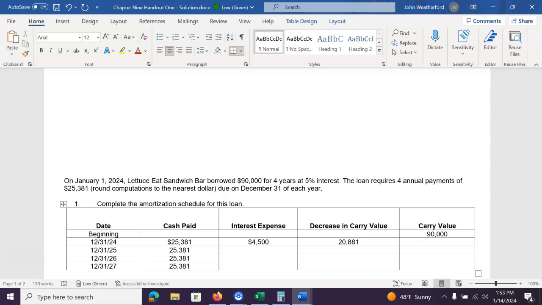And that's what we'll subtract from the $90,000 carrying value to get the carrying value at the end of 2024. And again, carrying value is the amount the loan would be reported on the balance sheet at. So it's 90,000 minus 20,881.